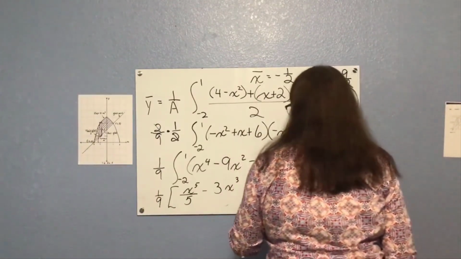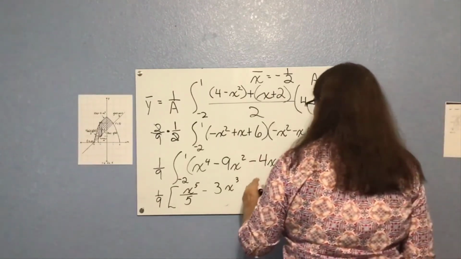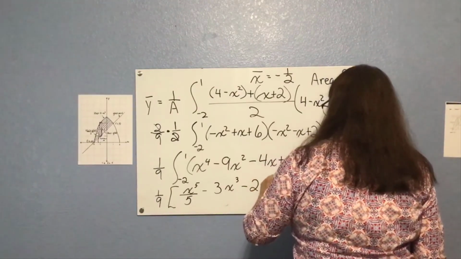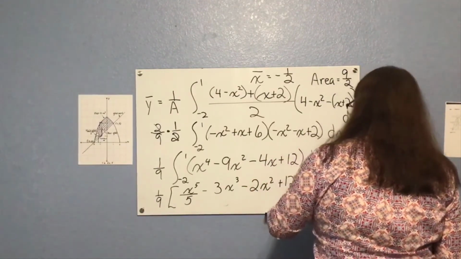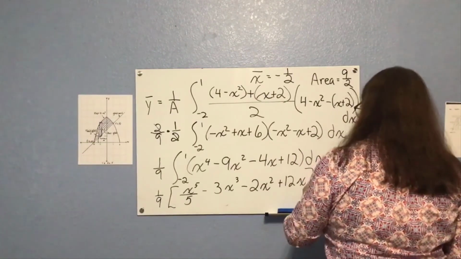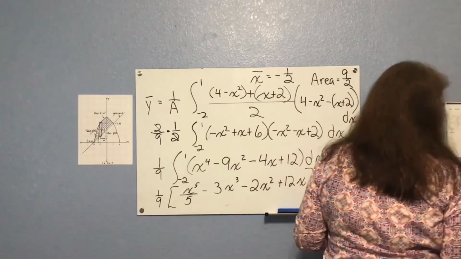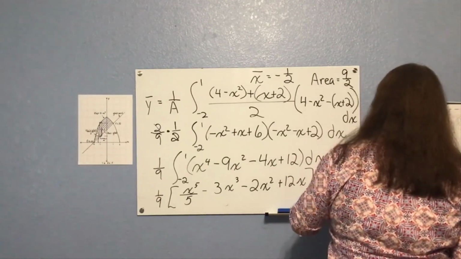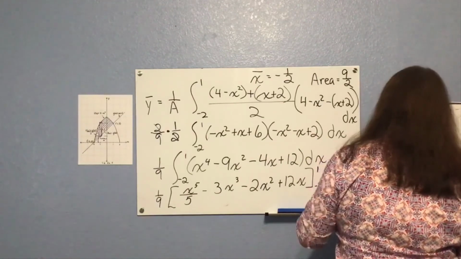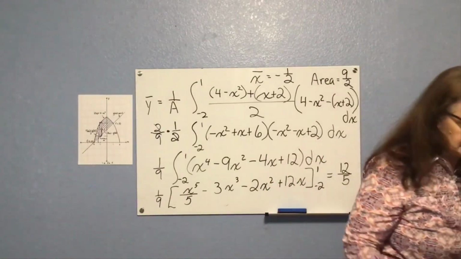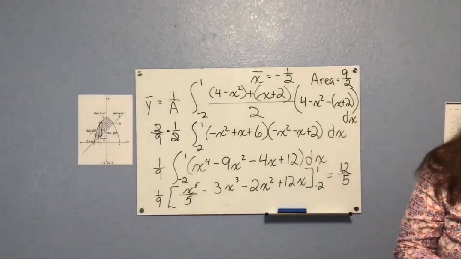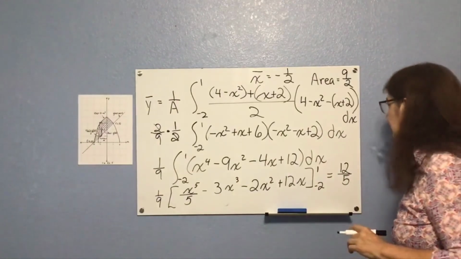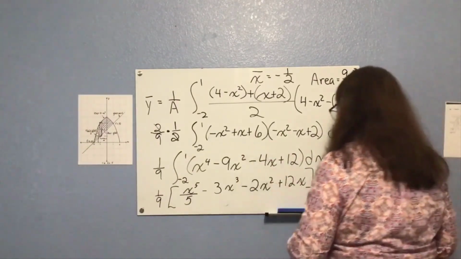Here I would have 4x squared over 2, so I'm just going to make that 2x squared plus 12x, evaluated from -2 to 1. When I work that all out, I end up with 12 over 5. So that's my y bar, 12 over 5.